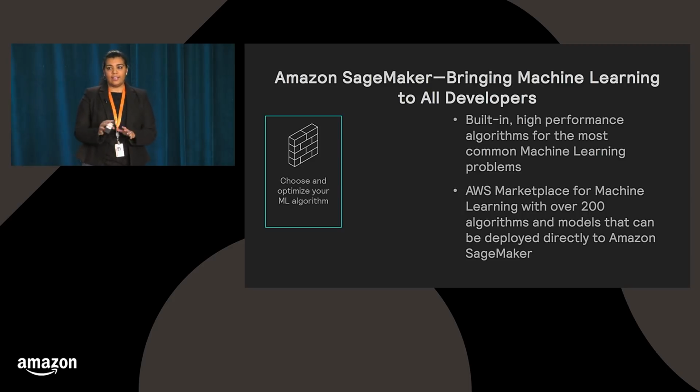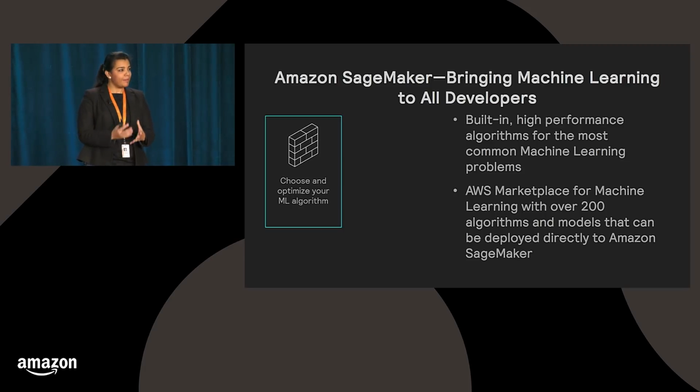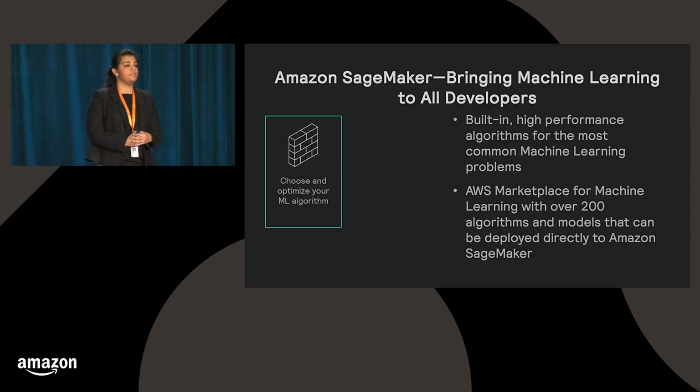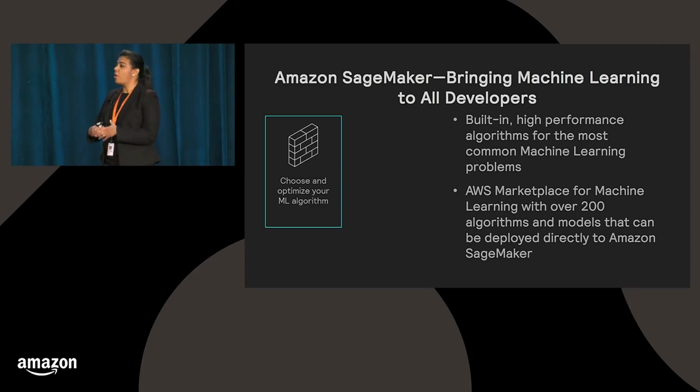So you don't need any machine learning experience or background to be able to use those algorithms out of the box. But if you do have machine learning expertise that you've developed, or if you have custom models that you've developed, you can also bring them into SageMaker by packaging them into containers and then training your models or deploying these models.